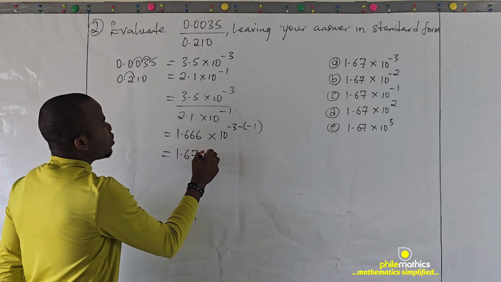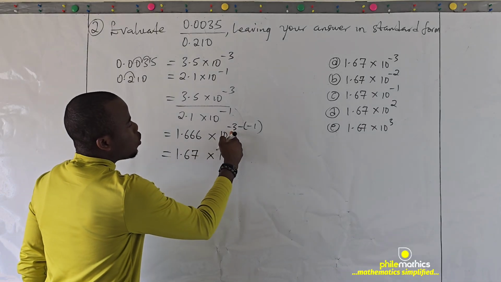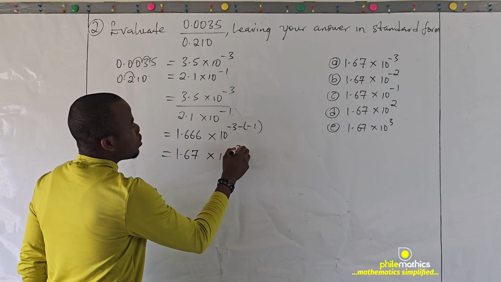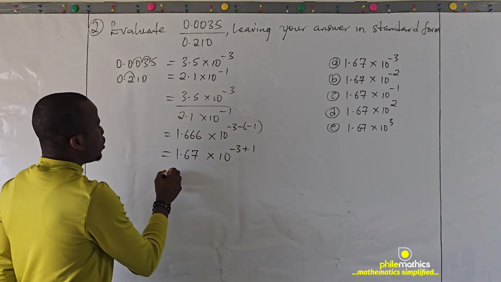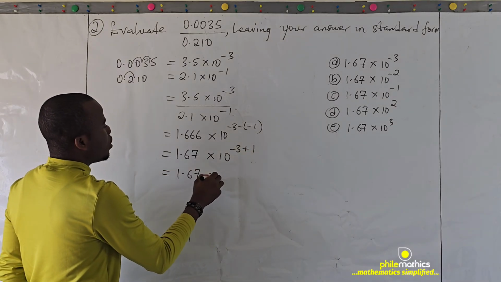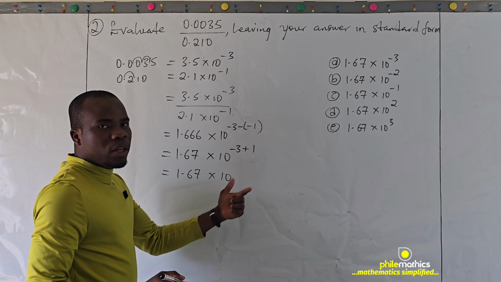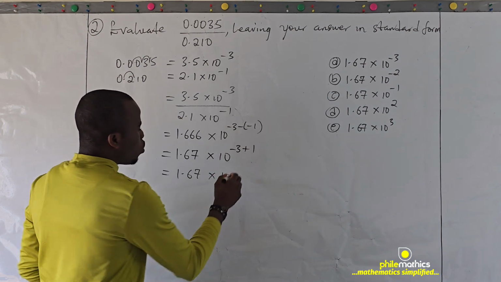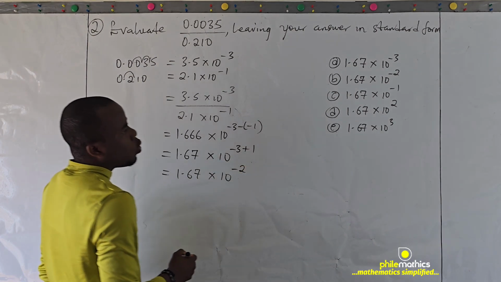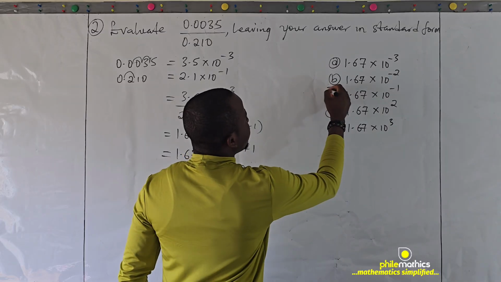Minus 3 minus minus 1 is minus 3 plus 1, which is minus 2. So this is 1.67 times 10 to the power minus 2, and the correct option is V.